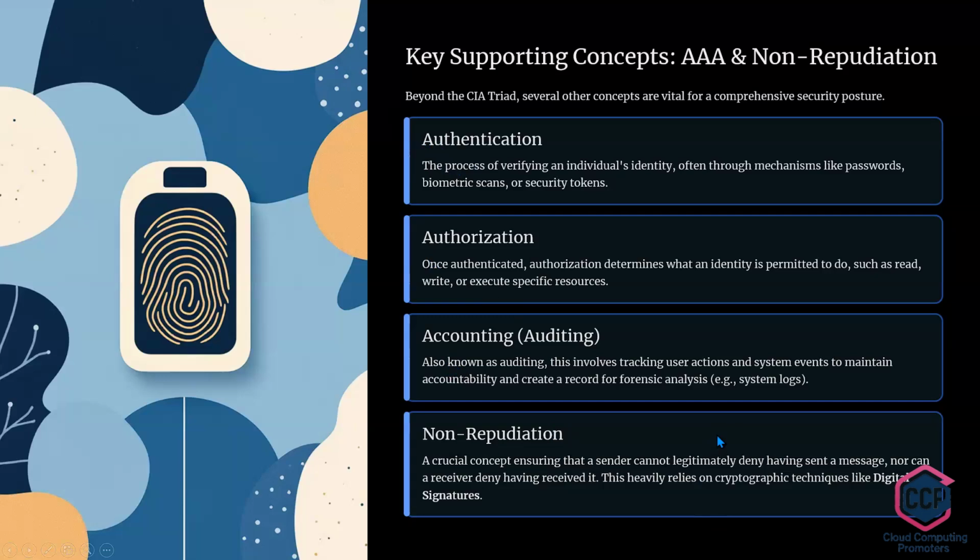Okay, then non-repudiation. What does that mean? It is a policy where you will have a privilege where you can do certain things, like you can update, or you can send a request to any application.